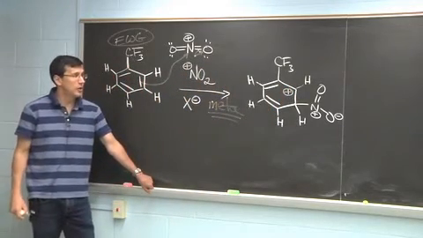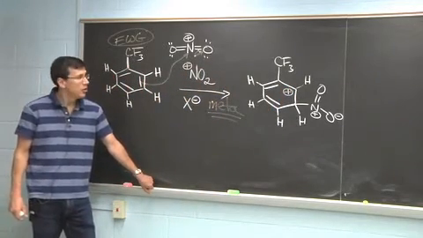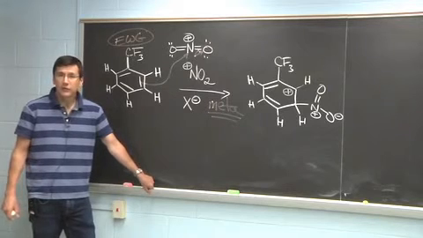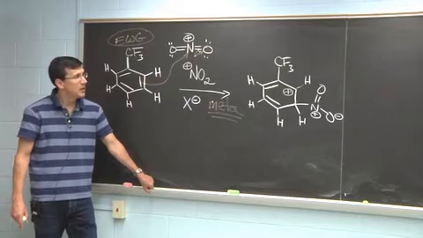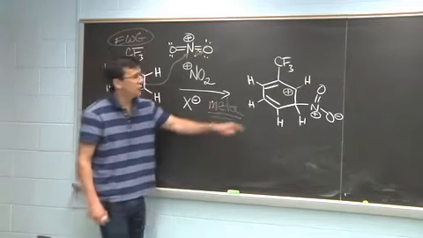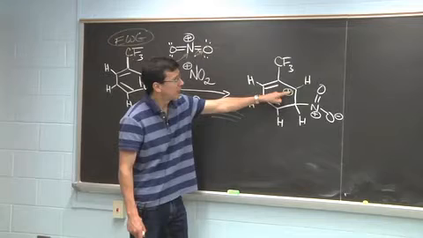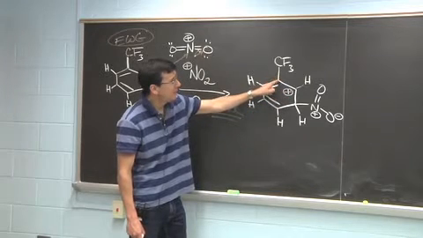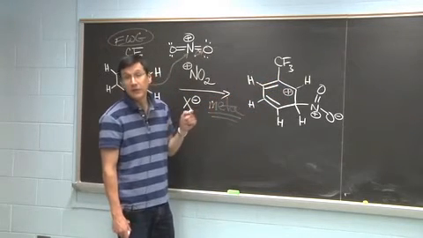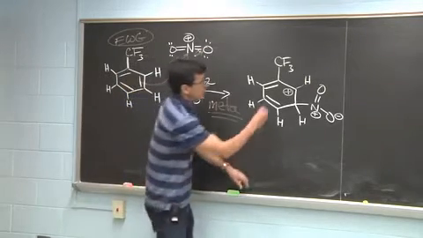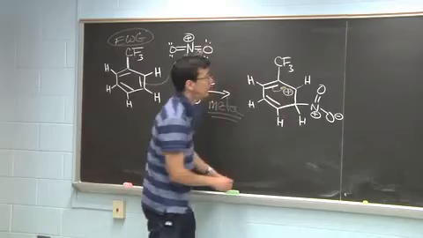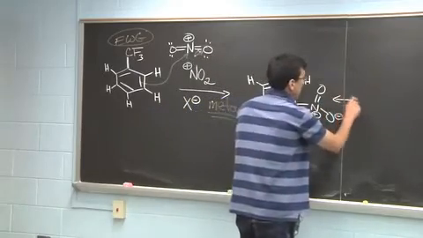So now what I want you to do, if you're not convinced already, draw the other two resonance structures of this cyclohexadienyl cation intermediate and verify that the positive charge in those resonance structures never resides on this carbon that has the CF3 group directly attached to it. We would do the usual thing, move the electrons around in this way.